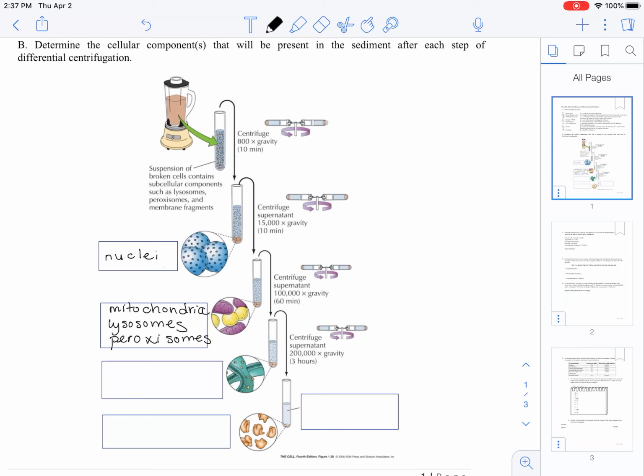When that supernatant is then spun by utilizing 100,000 G, the next sediment that is forming has the plasma membrane and the components of the ER.